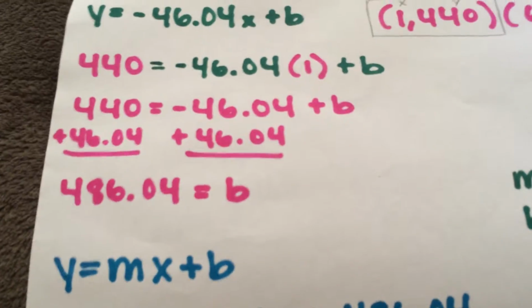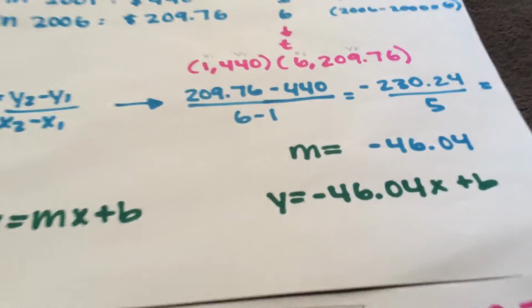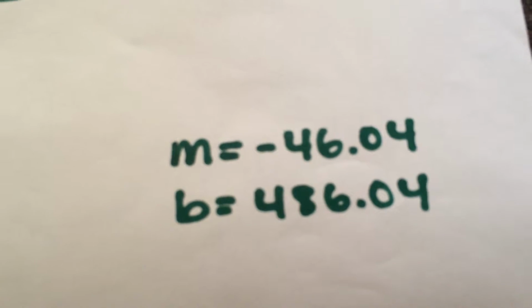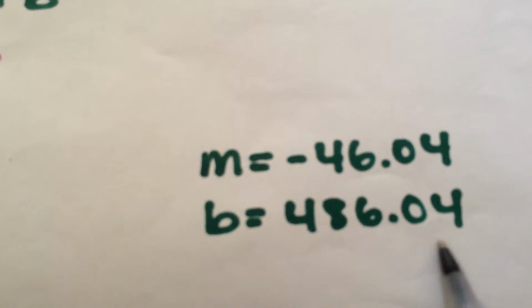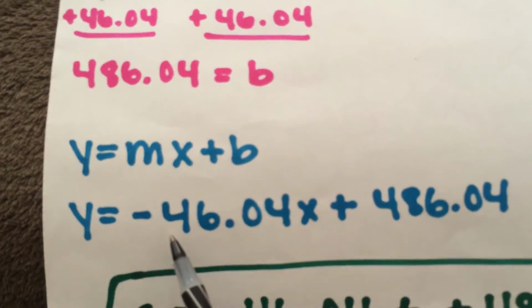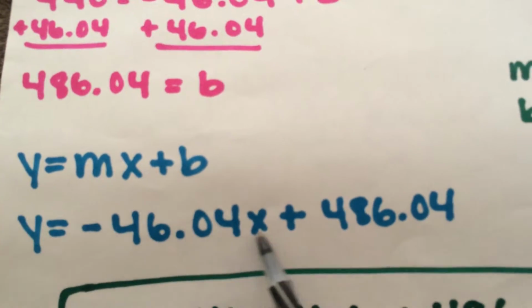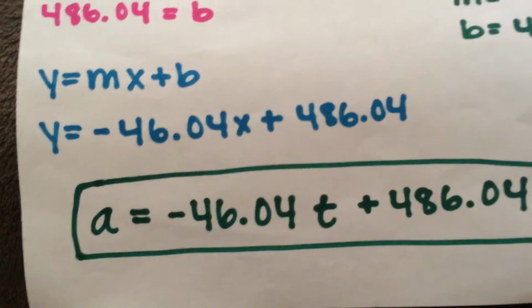So now that we've solved for b, we could plug in all the ones we found. We found m, and we found b. So m is negative 46.04 and b equals 486.04. So now we could just plug it in: y equals negative 46.04x plus 486.04.